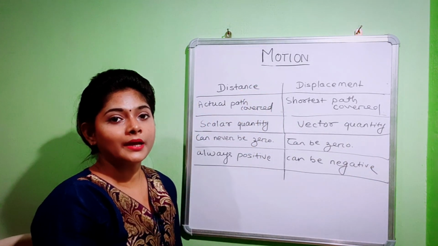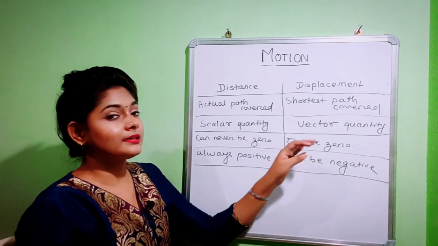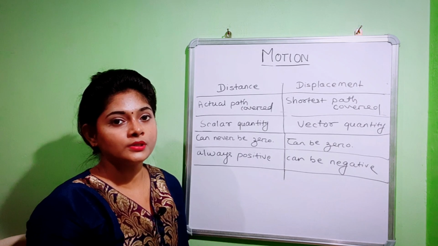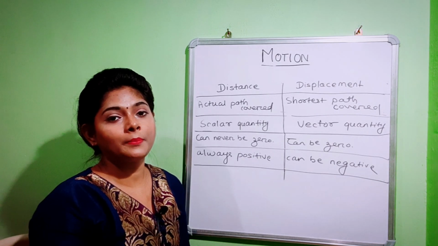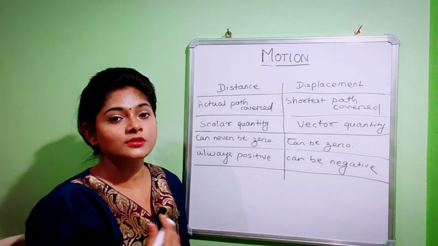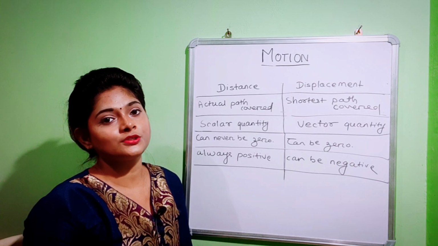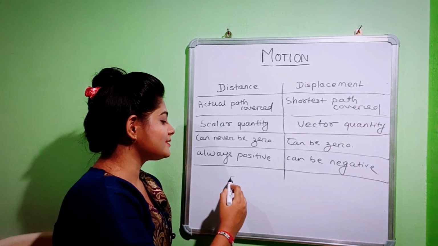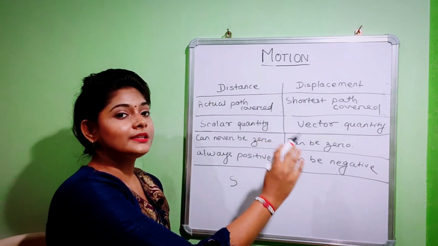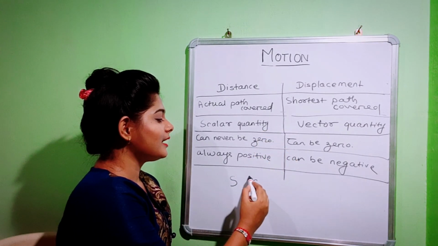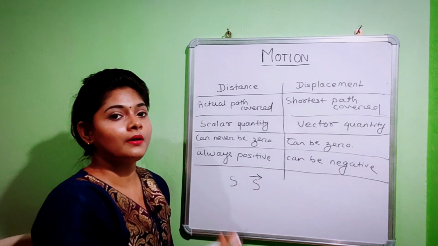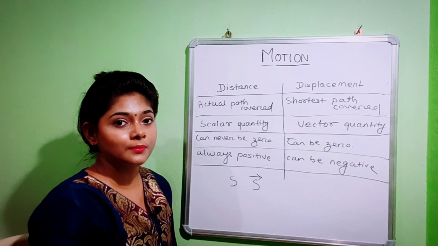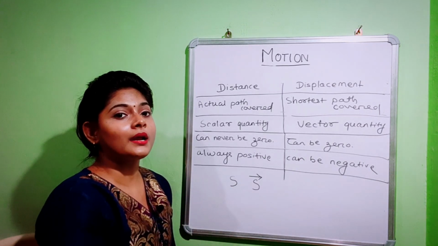Distance is denoted by the symbol D and displacement is denoted by the symbol S. But in some books, distance is also denoted by the symbol S, and in some books, displacement is denoted by D. In that case, if distance is written as S, then the displacement will be written as S with an arrow mark above it, because it is a vector quantity, and above all vector quantity symbols we put an arrow mark like this.